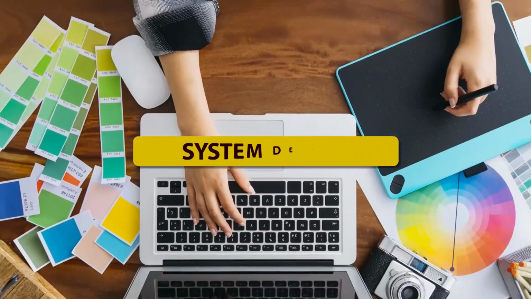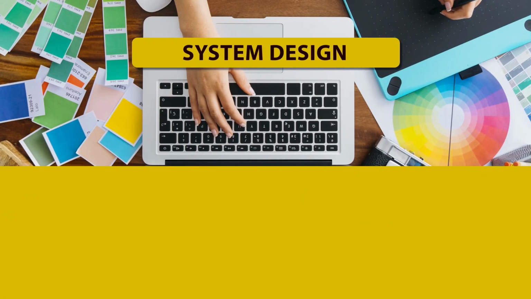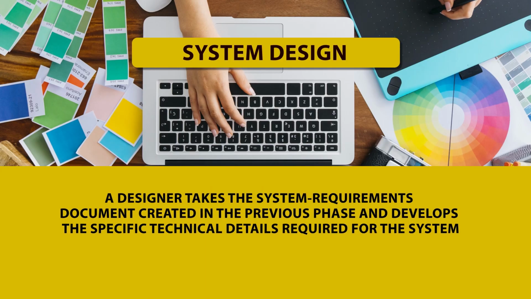This system requirements document is the input for the system design, which is called the second phase of the software development life cycle. In this phase, a designer takes the system requirements document created in the earlier phase and develops the specific technical details required for the system.